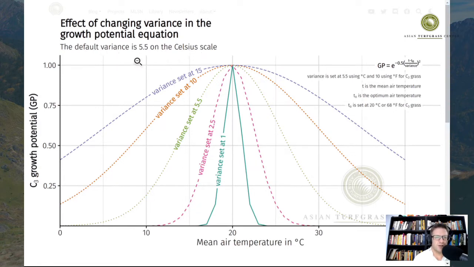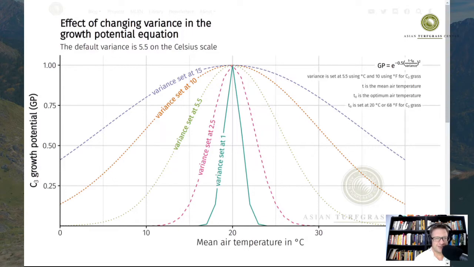So now, with a variance of 10, even at an average temperature of 0, the growth potential is still about 0.2 or 20%. But actually, the grass won't be growing. The growth potential needs to be 0 at freezing, because the grass doesn't grow when the temperatures are freezing. So it can't be 20%.